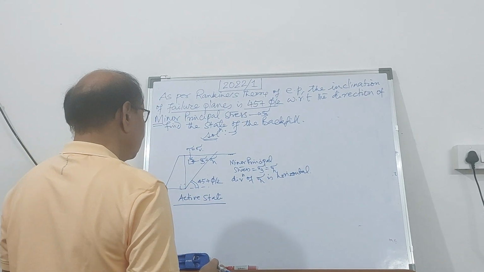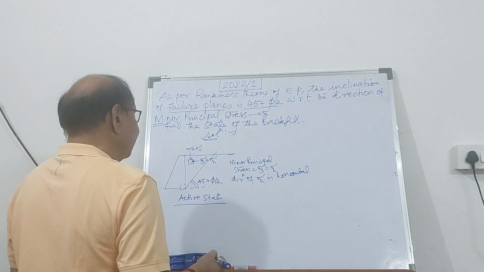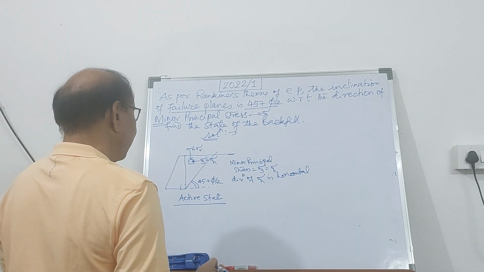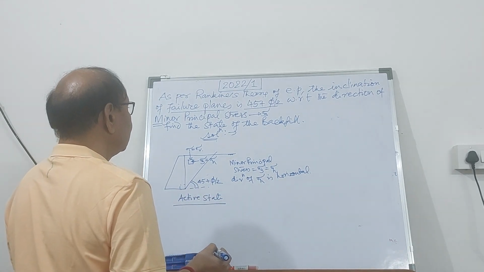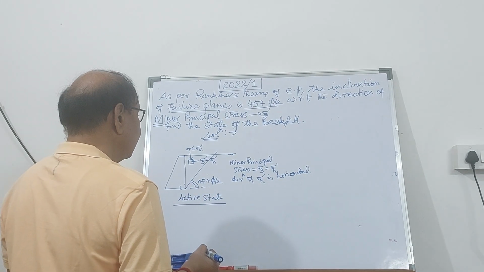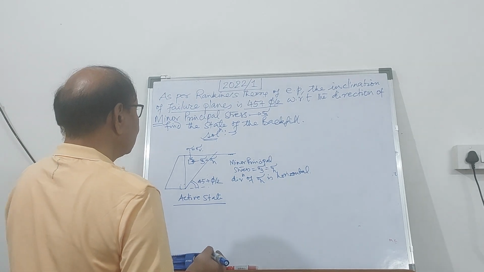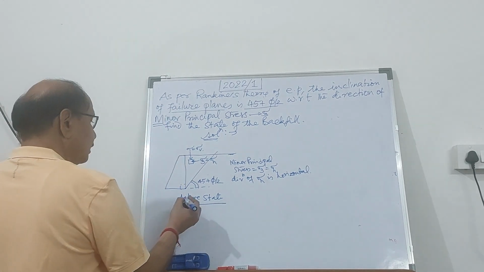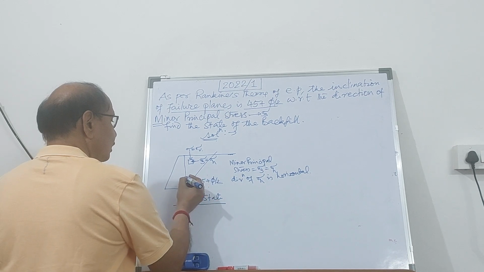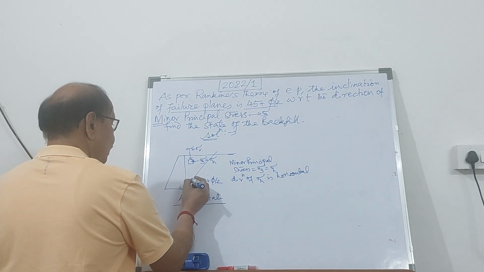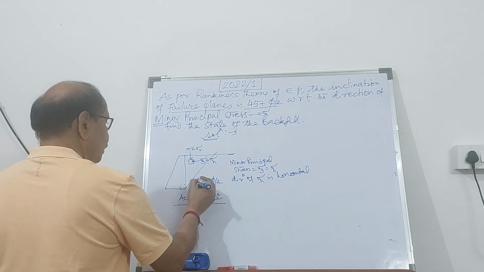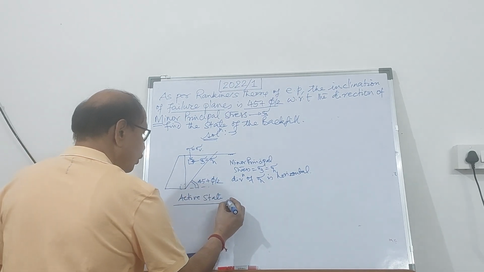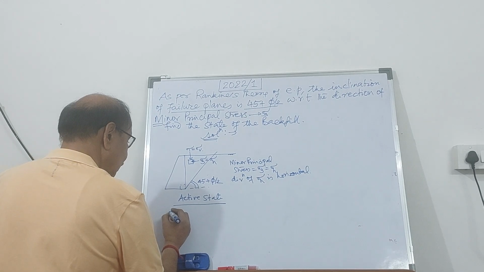So, with the horizontal, the failure plane is making an angle of 45 plus phi by 2. So, with the minor principal stress, this failure plane is going to make an angle of 45 plus phi by 2.